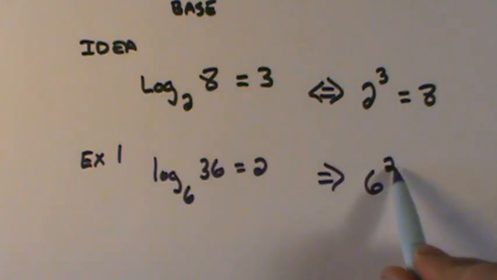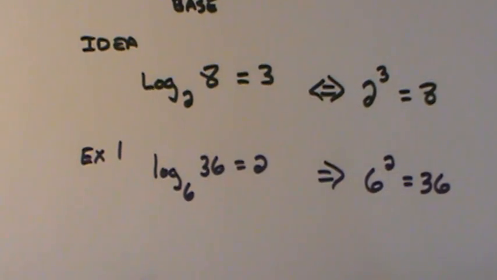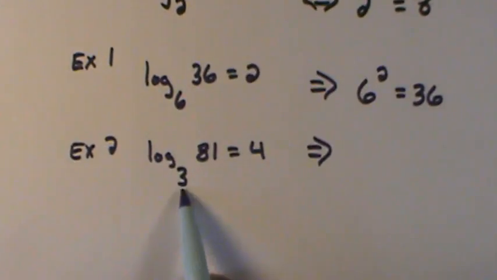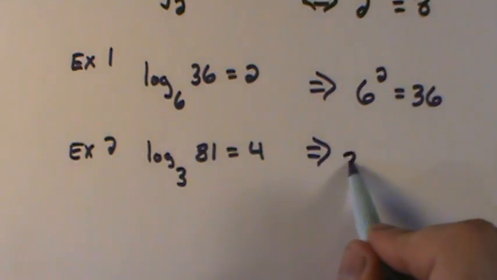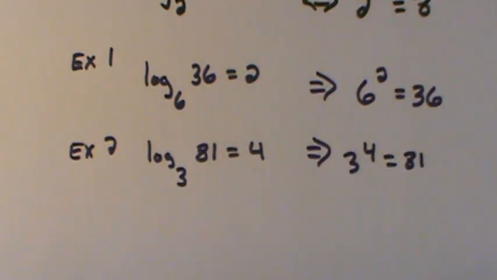We'll do another example like this. We'll call this example 2. It says log base 3 of 81 equals 4. To understand what this is saying, it's saying if your base is 3, 3 raised to the 4th power is equal to 81, which I agree.